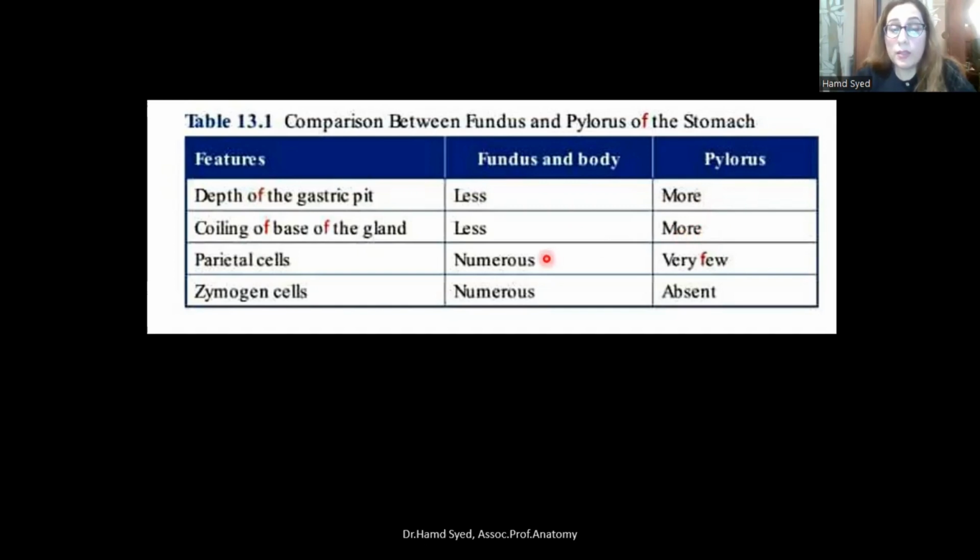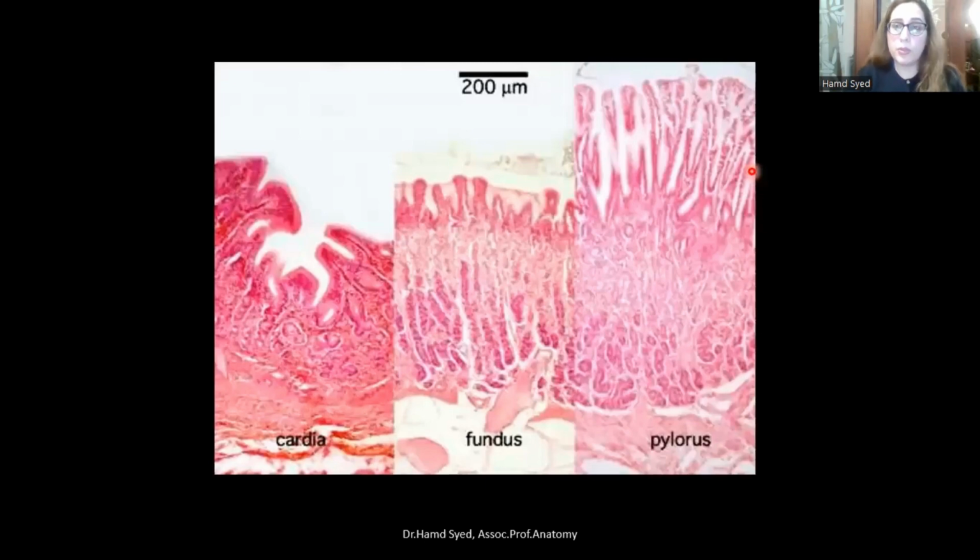And if we look at the cells, the parietal cells and zymogen cells are numerous in the fundus and body, but very few to absent in the pyloric region of the stomach. So these are some essential differences in the histology of the different regions of the stomach. If you are looking at different micrographs, you can recognize the region from which the tissue section was taken on the basis of these general differences.